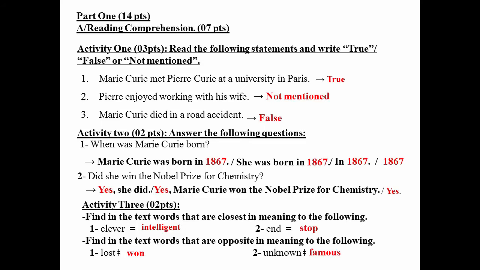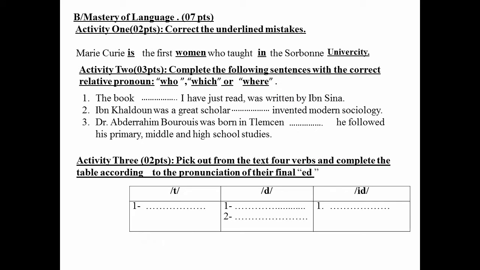Now we'll move to section 2, which is mastery of language, 7 points, in which you are going to score 7 points. Activity 1, we asked you to correct the underlined mistakes. You have 4 mistakes. I think you have got the correct words.